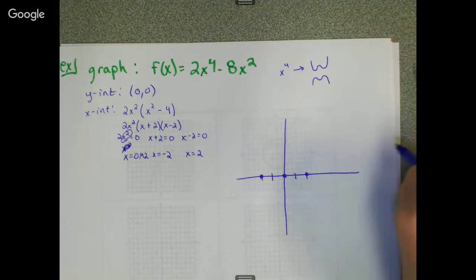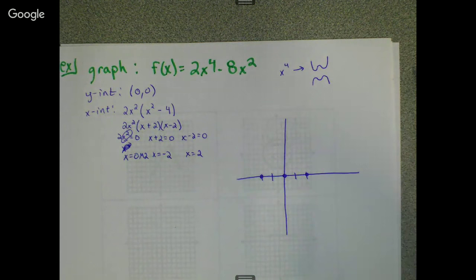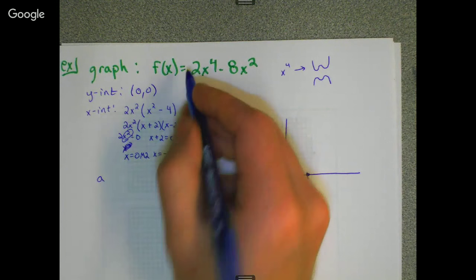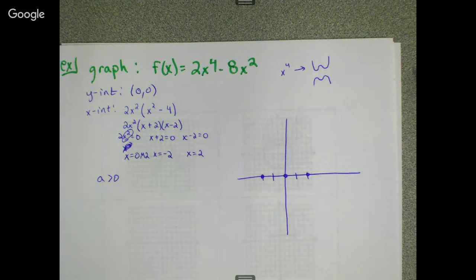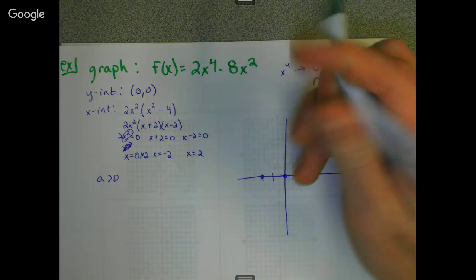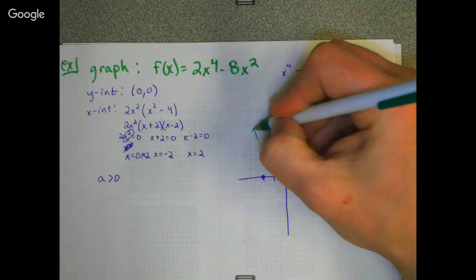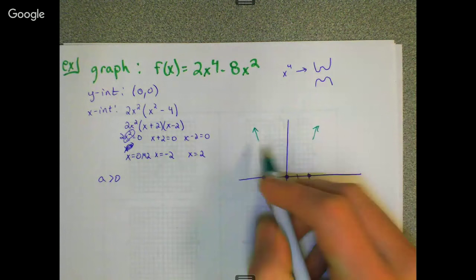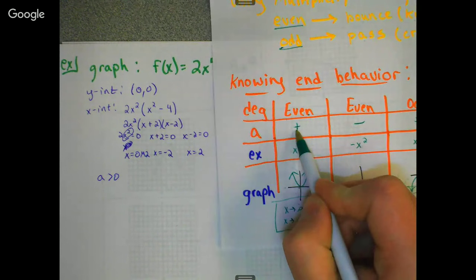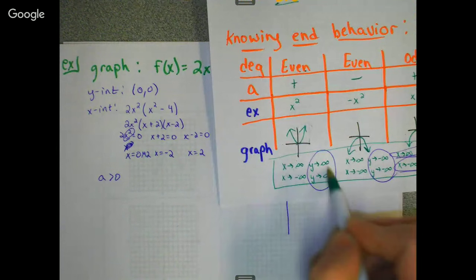Okay. In order to do that, we want to look at a value. Okay, my leading term. So a is bigger than 0, which means it is opening up. So I should know that it is an even degree with a positive a, so my end behaviors are doing this.